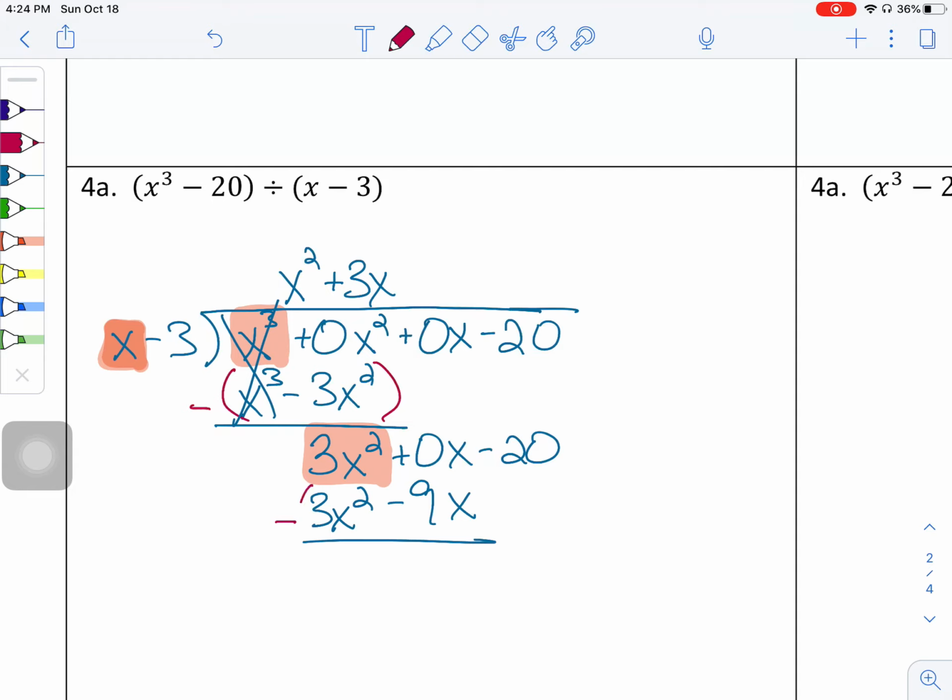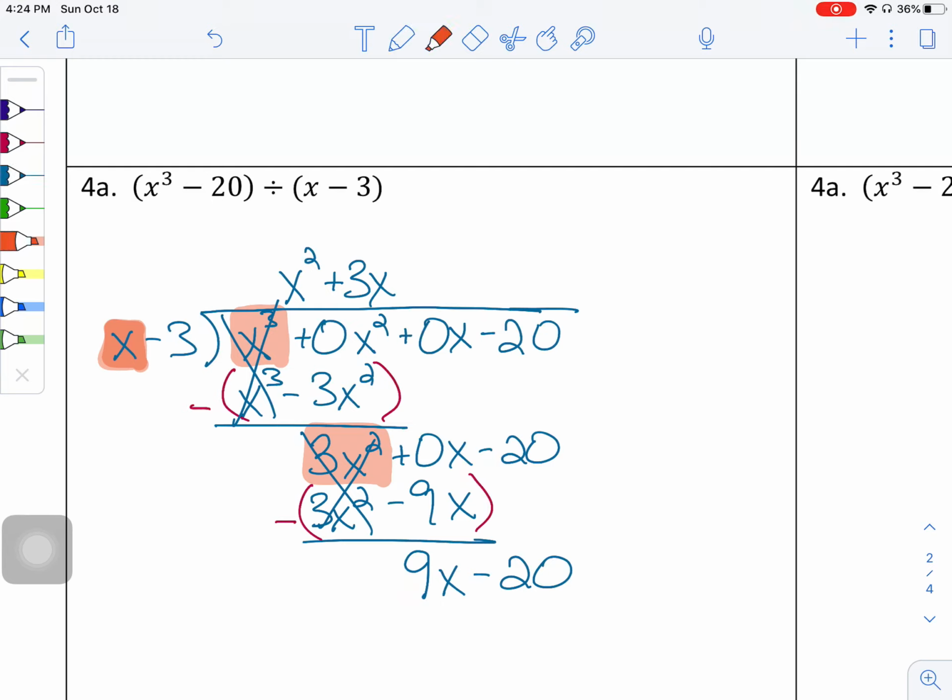And now we need to subtract again. Always making sure that when we do the subtraction, these leading terms completely cancel out. So 3x squared minus 3x squared, yep, those cancel. 0 minus negative 9x is going to be positive 9x. Bring down the minus 20.